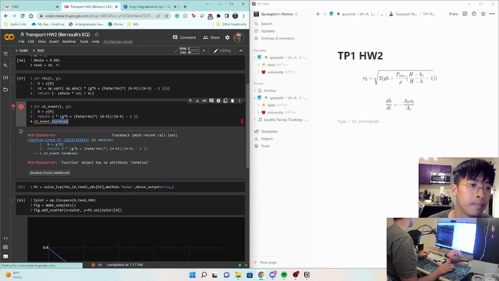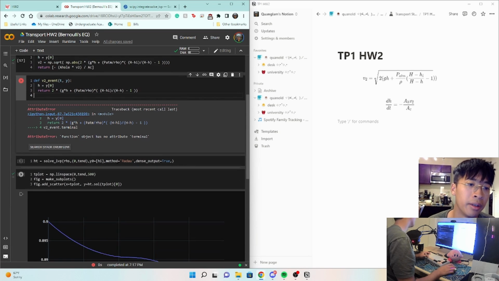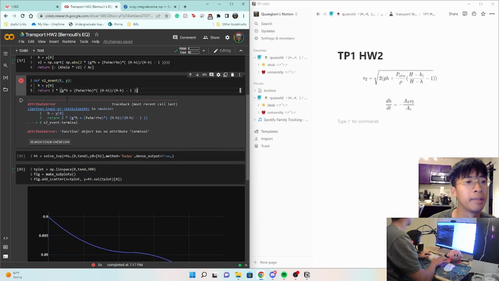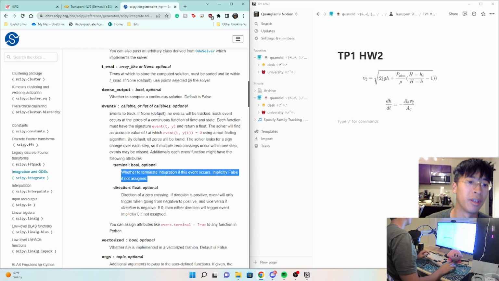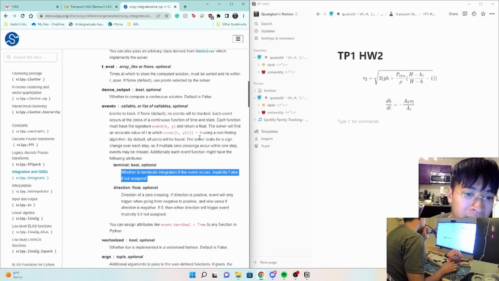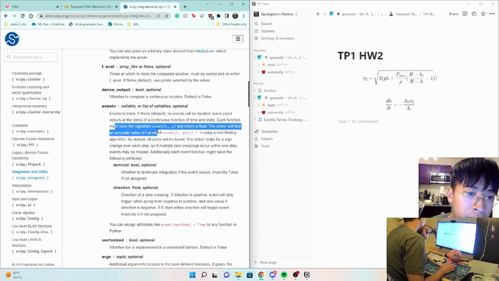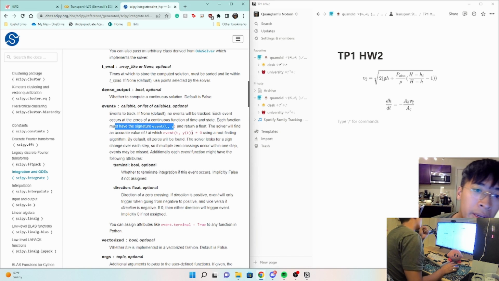Shoot. What's wrong here? Maybe we should consult the documentation. Each function must have a signature event(t, y), so we follow that and return.